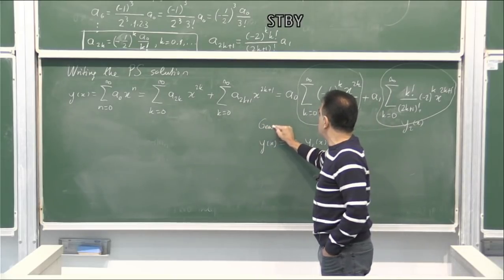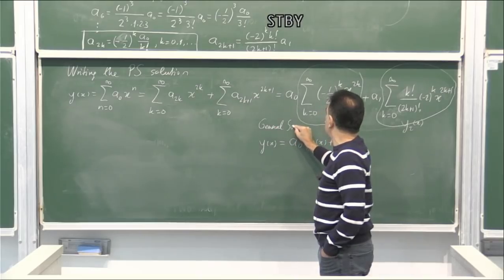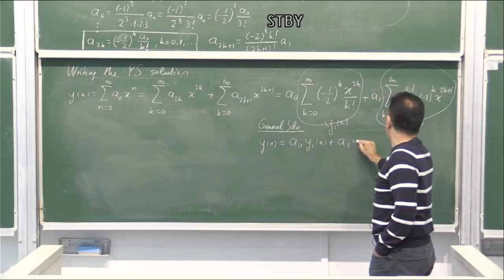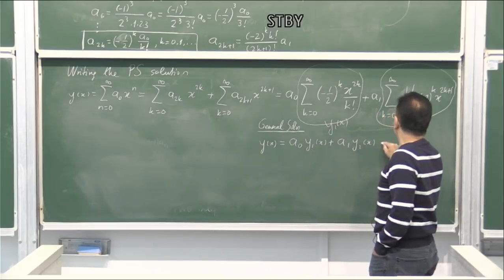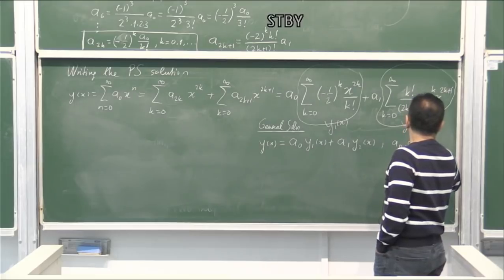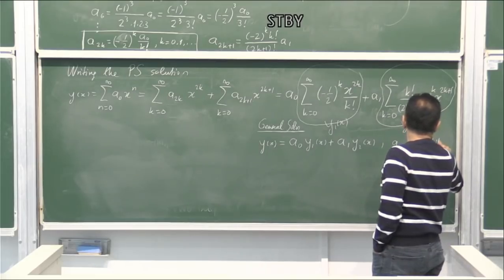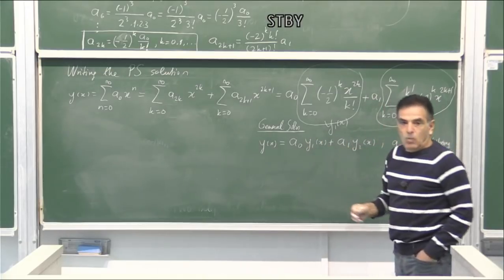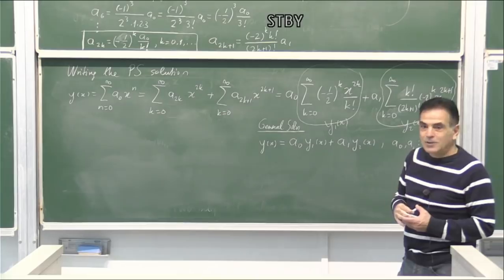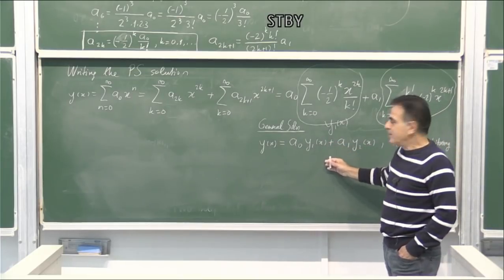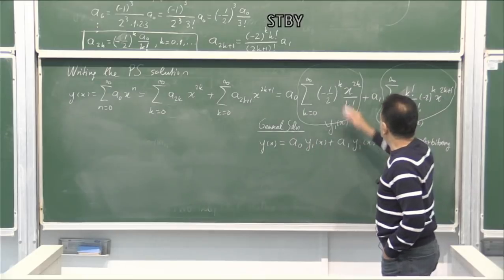Here is the general solution: a0 y1(x) plus a1 y2(x), where a0 and a1 are again arbitrary. So this is what we tried to find out by general theory. Okay, so combination of two solutions.